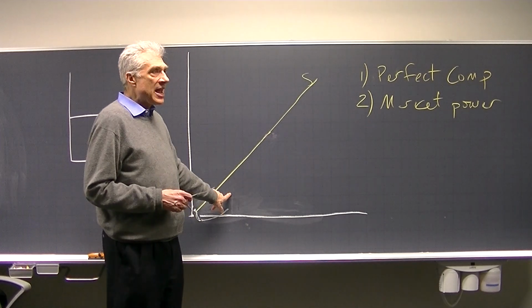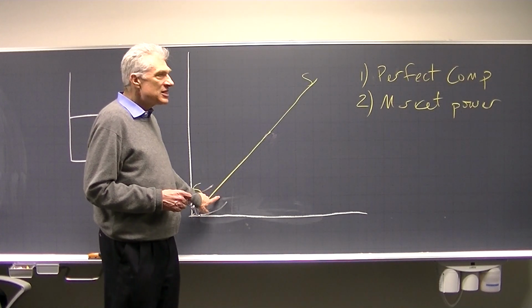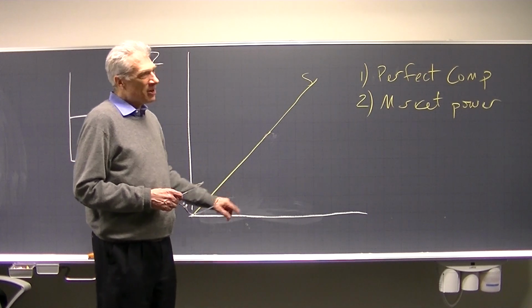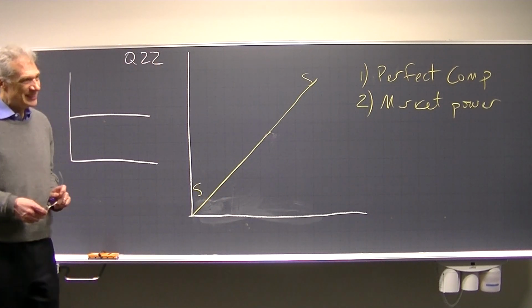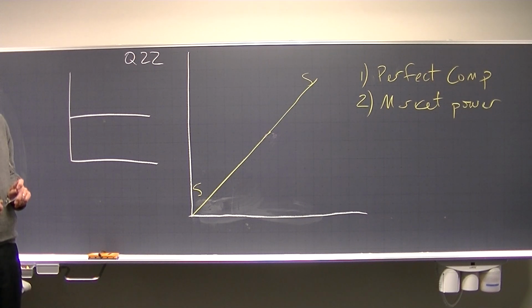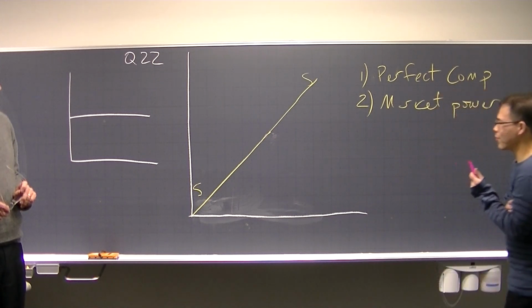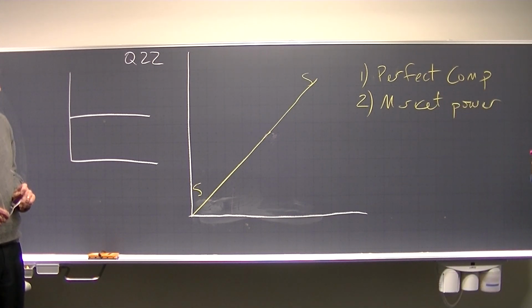This buyer of labor has this supply curve. What's their marginal factor cost curve? It should be a constant number. No, marginal, it should be the derivative.